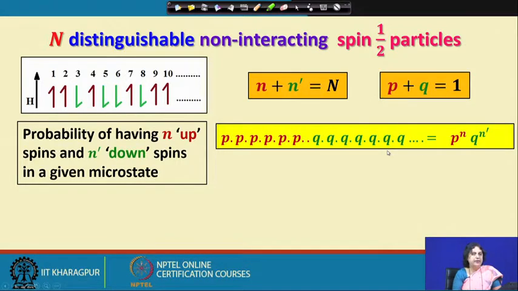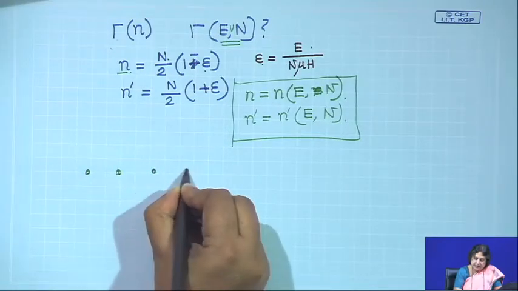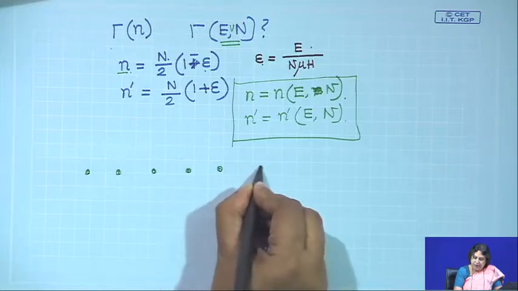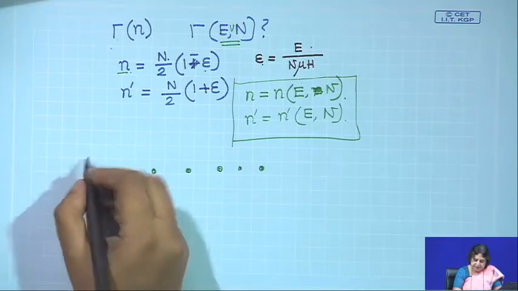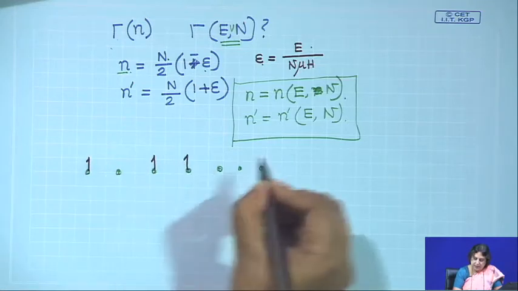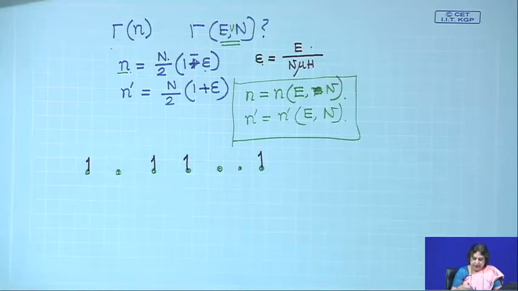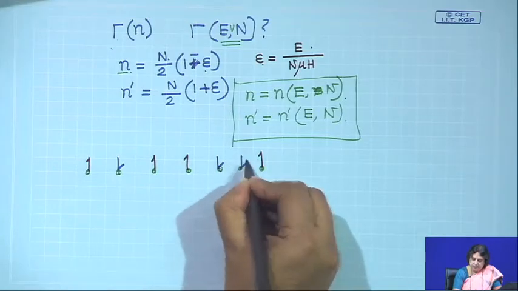So, let us say that I have a total of capital N of these sites. Some of them are having up spins. This is 1, this is 1, this is maybe 1, this is another one, and I also have other sites being occupied by down spins.